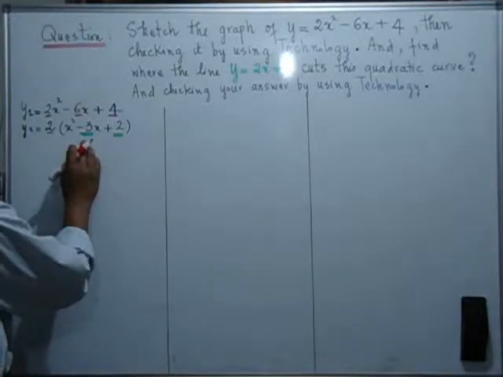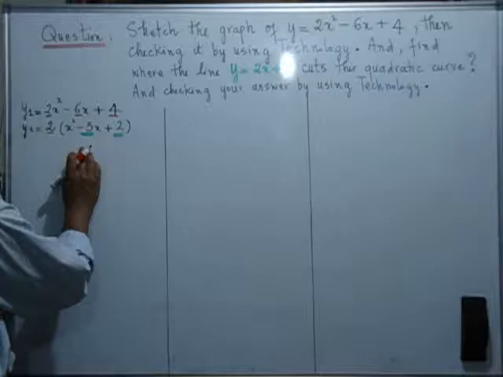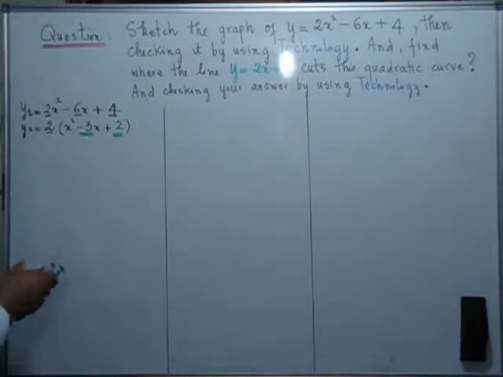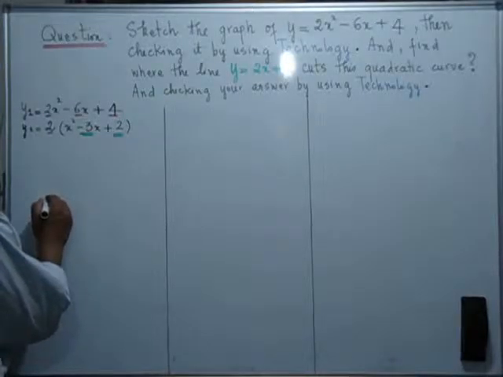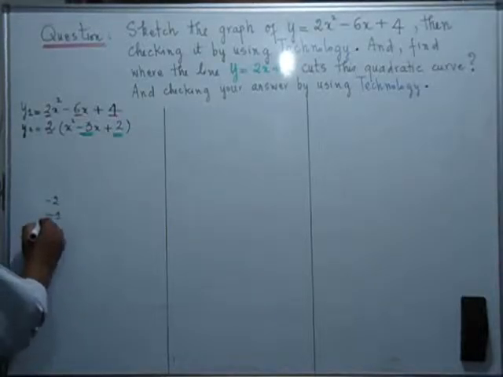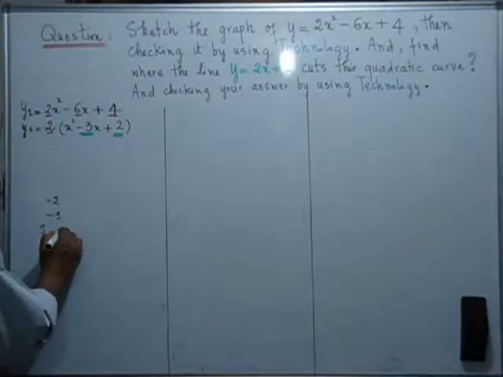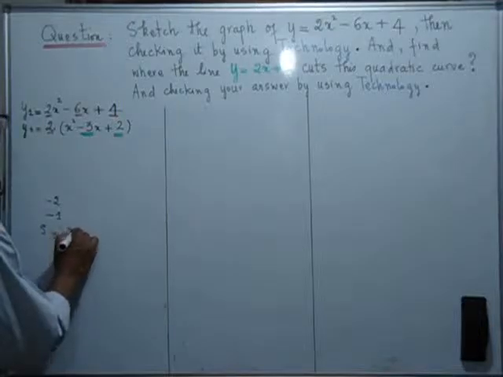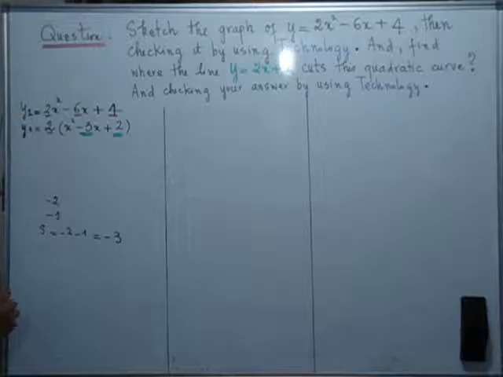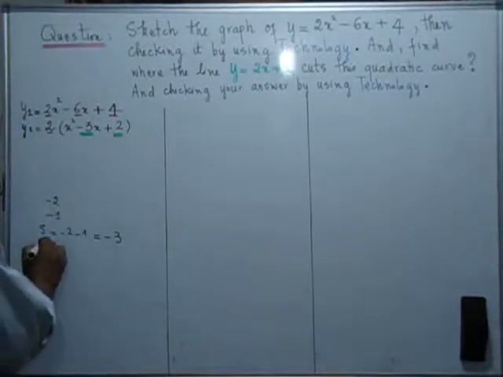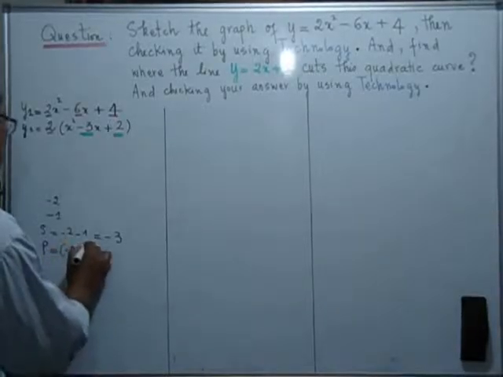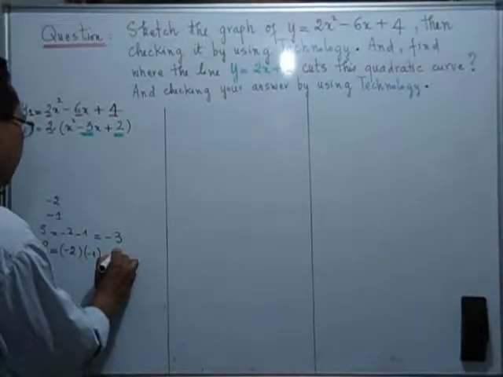The two numbers are minus 2 and minus 1, because the sum of minus 2 and minus 1 gives us minus 3, and the product is 2.